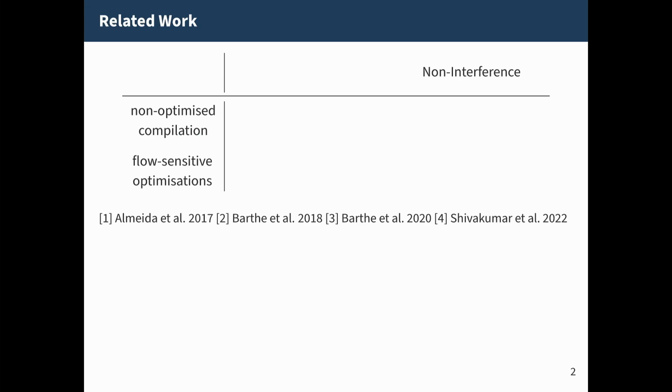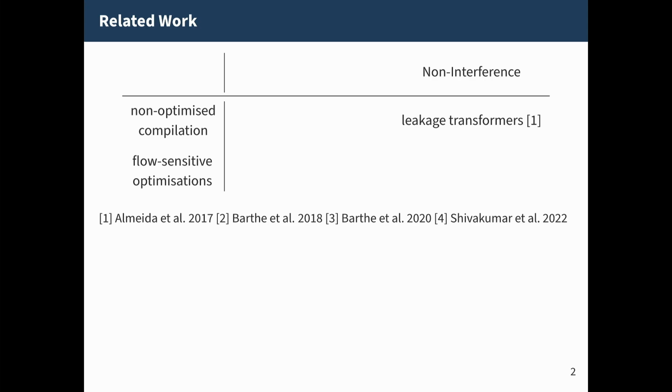Let's first look at the related work on this topic. In the simple case of non-optimized compilation, the concept of leakage transformers is often used, as in the publication by Almeida et al. in 2017.